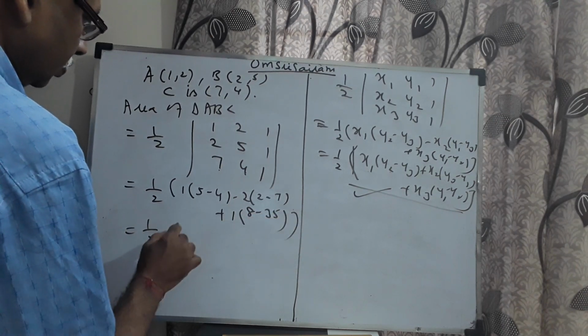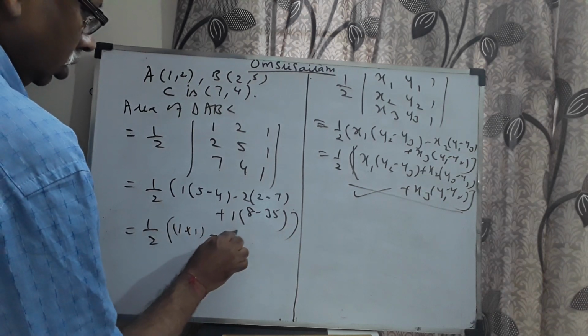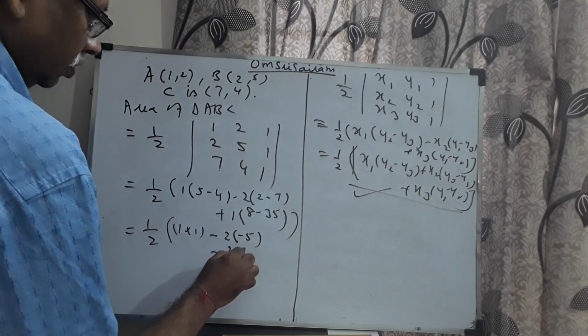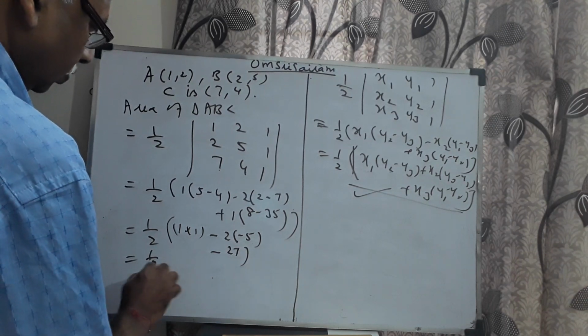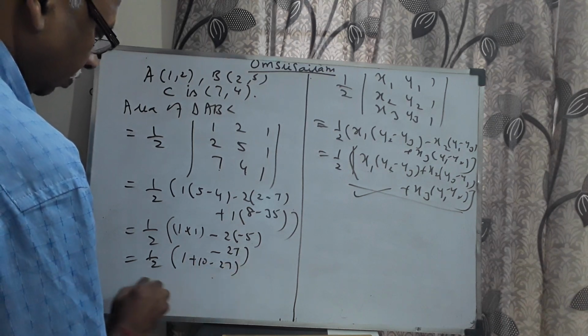Let me simplify. I'll get 1 into 1 minus 2 into minus 5 minus 27, which is reduced to 1 plus 10 minus 27.